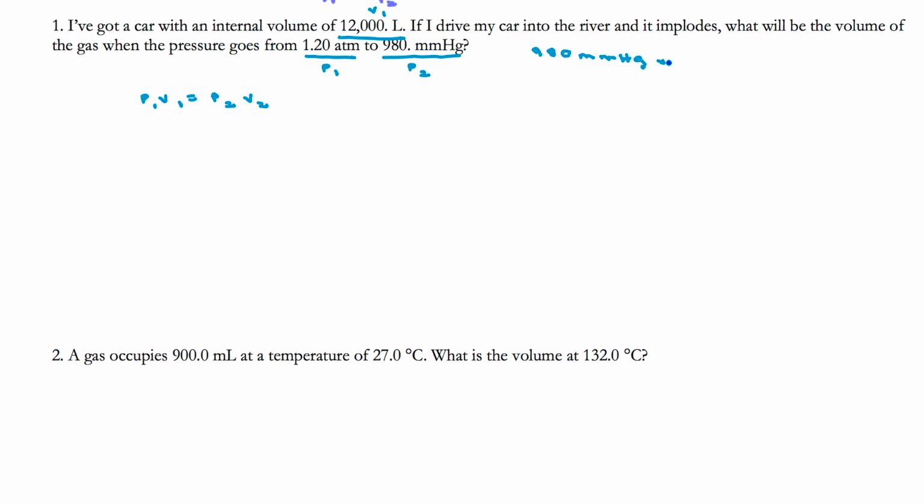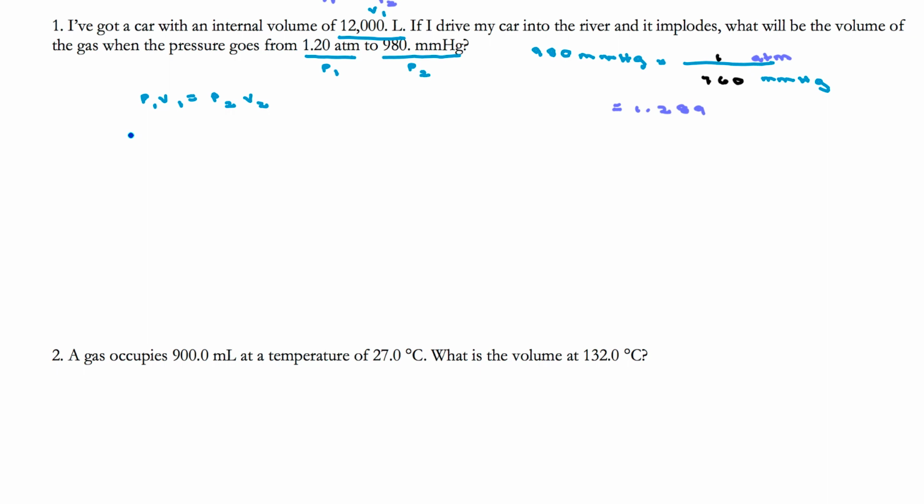I'm going to put millimeters of mercury on bottom, and atmospheres up top. I know that 1 atmosphere has a pressure of 760 millimeters of mercury, which tells me that my pressure in atmospheres is going to be 1.289, about, and I'm rounding here.